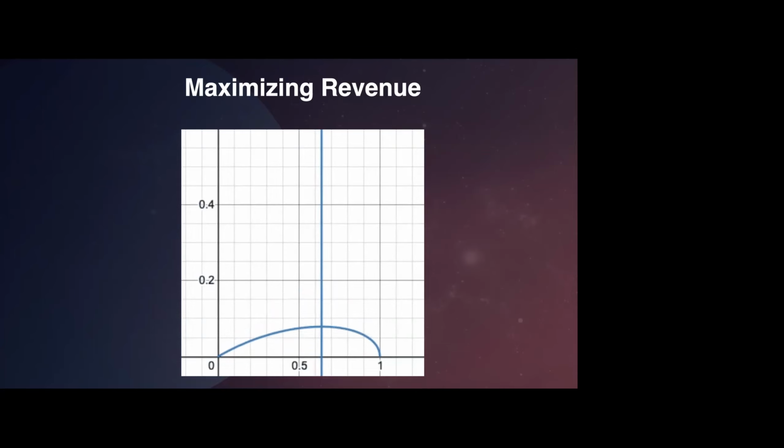But as you decrease your price, it also goes to 0, because even though you're capturing more queries, you're not actually making as high of a price for that query. So what you want to do is figure out how to discover what that revenue maximizing price is going to be.